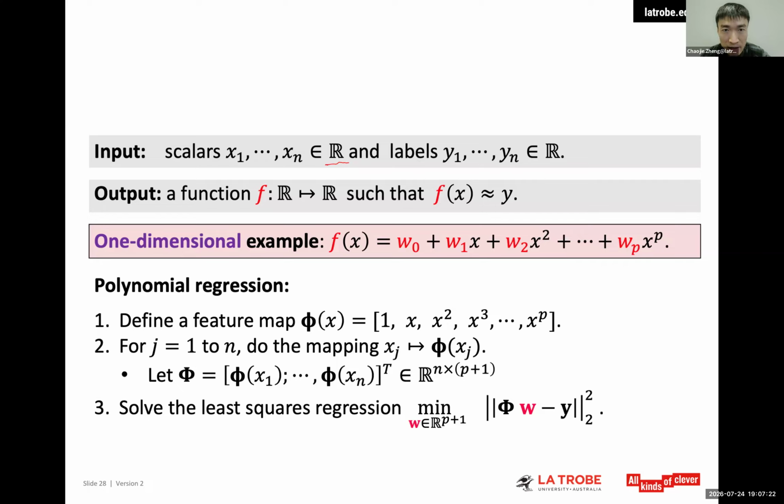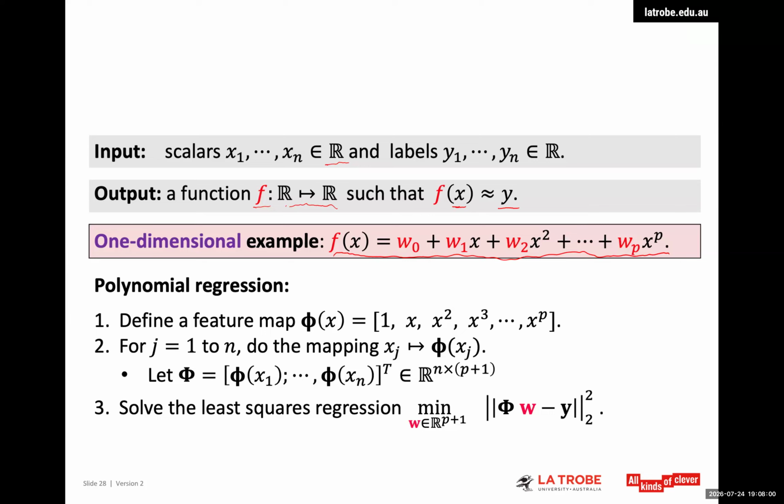The labels are also scalar values. And the output of the model, the mapping function f, should be a mapping from a scalar value to a scalar value, from input x to output y. But how can we represent this fitting curve? We are using this polynomial function.